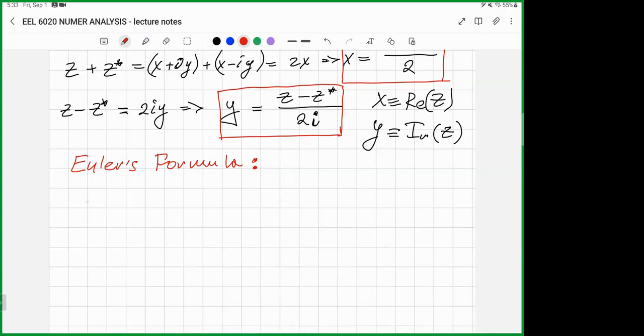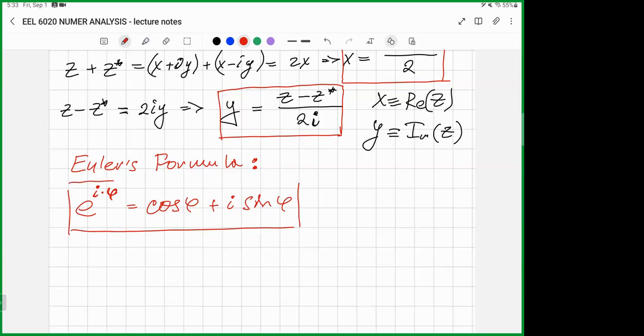The formula states the connection between the exponential function of i times phi, where phi is the angle and i is the imaginary unit, and it's equal to cosine of the angle phi plus i sine of the angle phi. So let us frame this formula as it's so important.